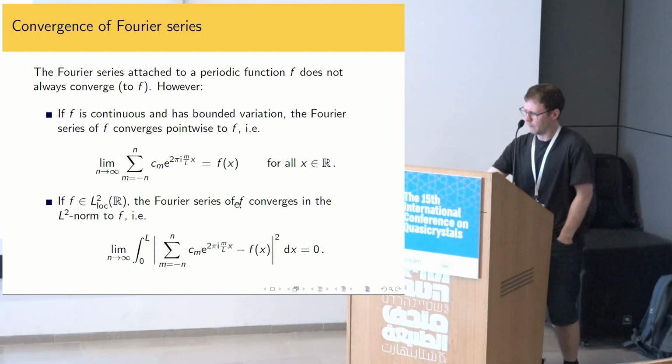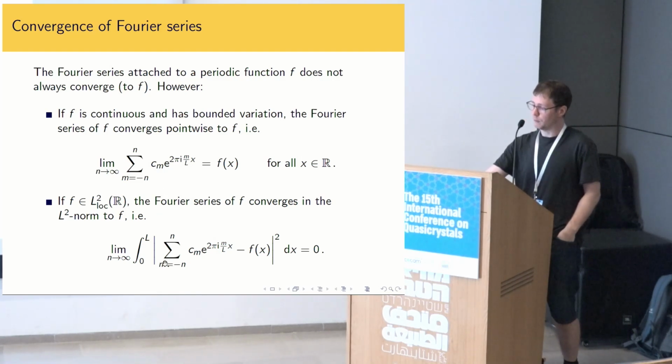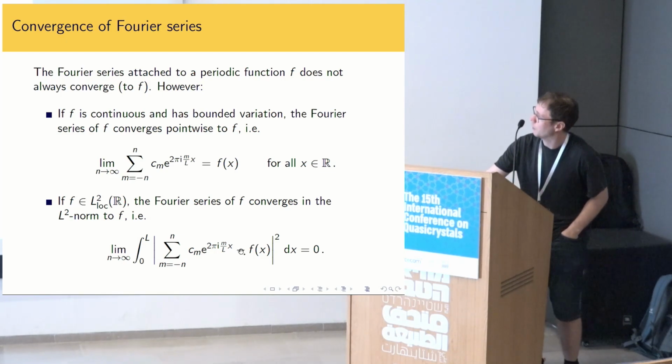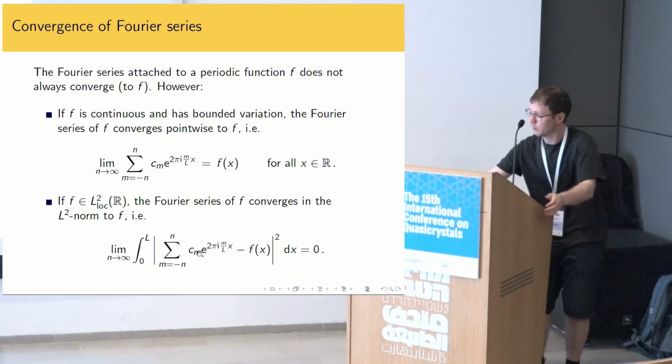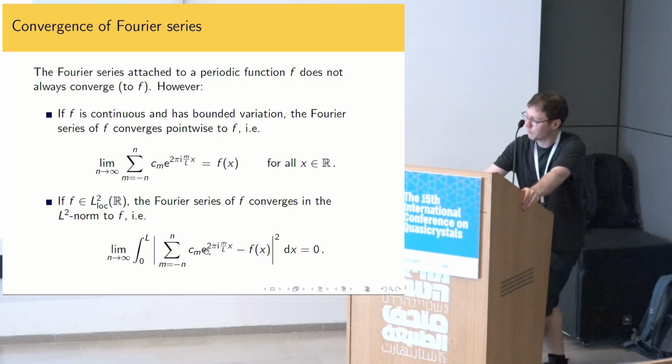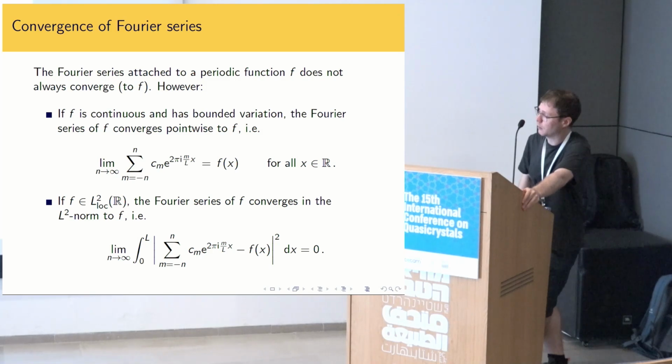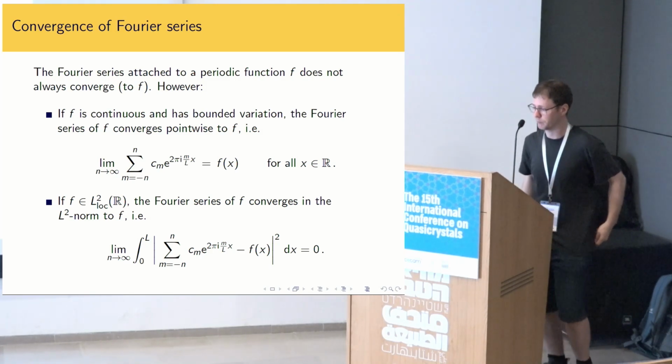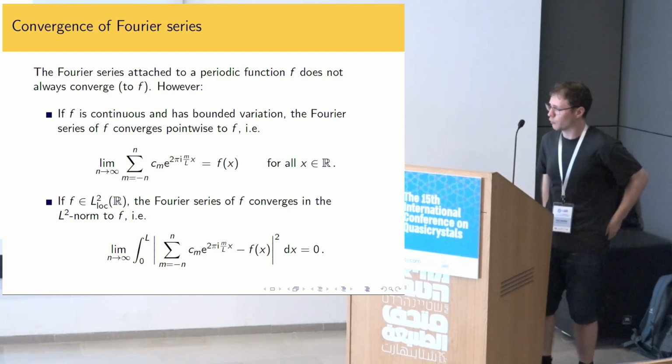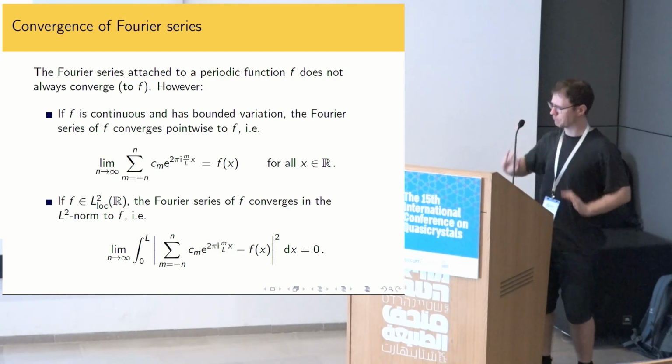And in that case, I always know that it converges in the so-called 2 norm. What does it mean? Well, it means exactly what we have here. I take the partial sum of the Fourier series, subtract the function f, take the modulus squared, integrate from 0 to L, take the limit n to infinity, and then it goes to 0. So we do have convergence, but just in a different way.